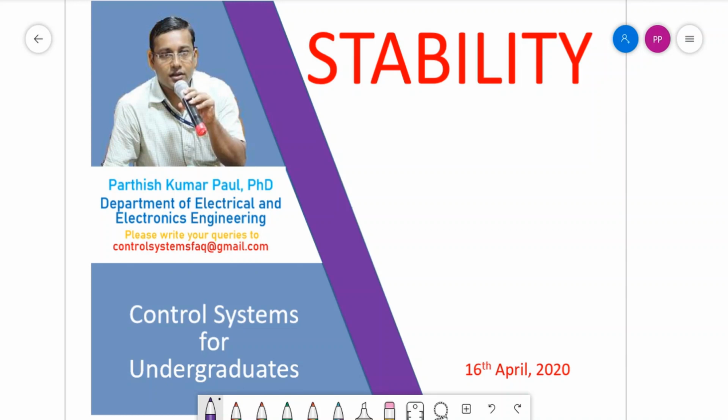Welcome friends. Today we are going to learn about the stability of control systems. As we have studied different topics to understand how a control system behaves or what are its specific parameters in time domain and frequency domain, all this information is required to understand how a control system will behave stably under certain situations.